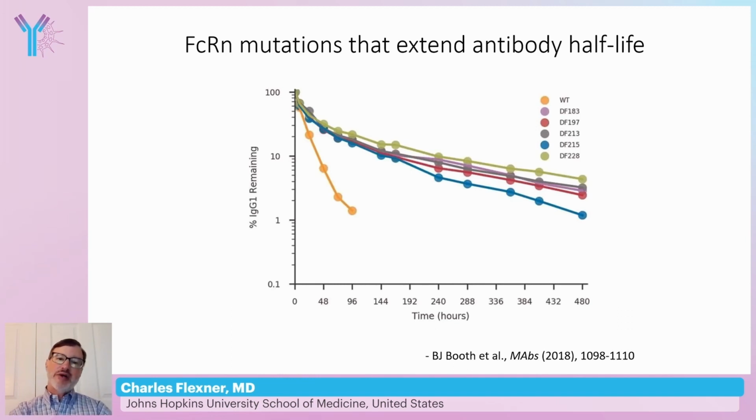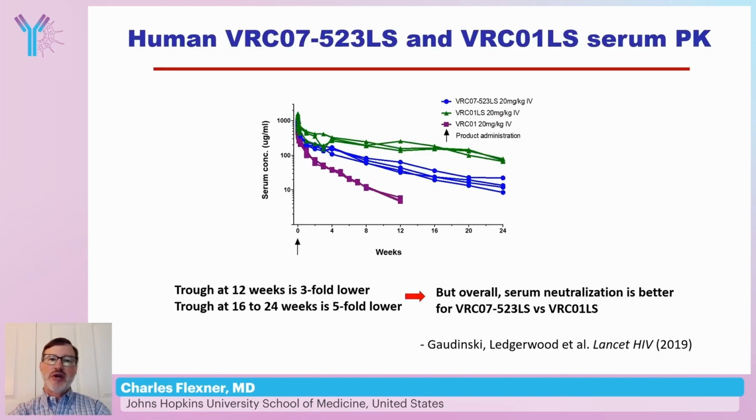So this works in mice. Can it work in humans? And the answer is yes. This is a figure from an experiment published by Godinsky and Rich Koop and colleagues from the Vaccine Research Center at the NIH in 2019, looking at the pharmacokinetic properties in human volunteers of several different broadly neutralizing monoclonal antibodies for HIV.